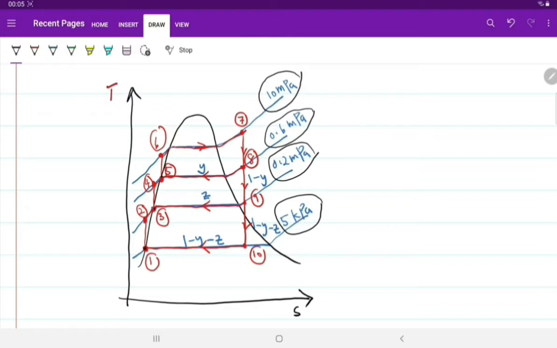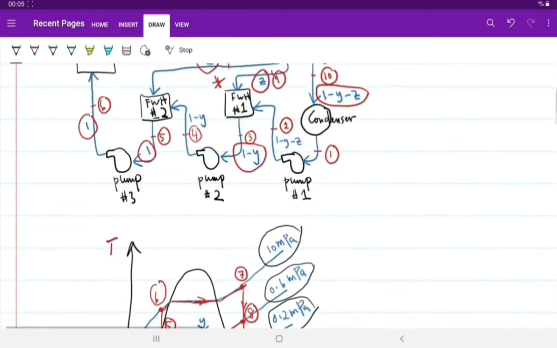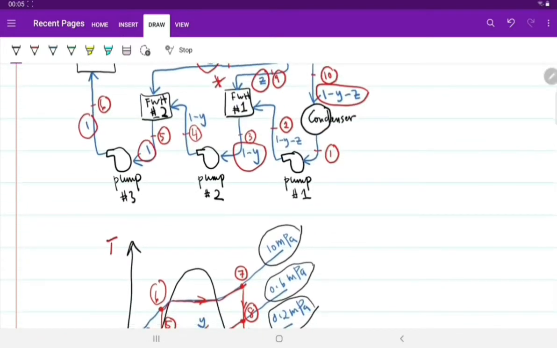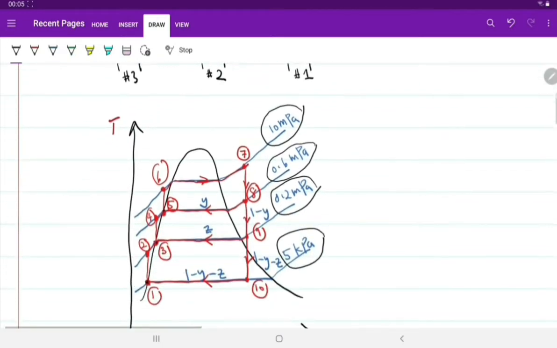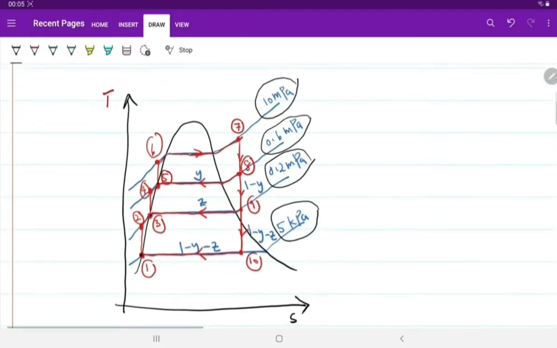Those are saturated. So if we refer to, okay, we start with number 1. 1 to 2 is in the pump. So it pumps from the lowest pressure, 5 kilopascal, to the second lowest. So 1 to 2, it goes from here to here.